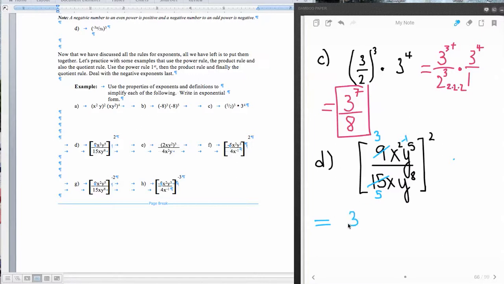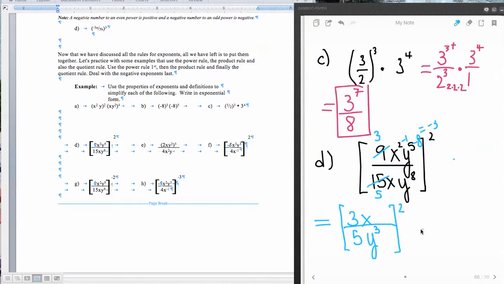So I'm going to copy this down, 3 in the numerator and x to the 1st in the numerator. I've got a 5 in the denominator so far, and then we have a 5 minus 8, which is going to give us a negative 3, but y to the negative 3, remember, belongs in the denominator, so I'm going to write that y to the negative 3 as y to the 3rd power in the denominator.